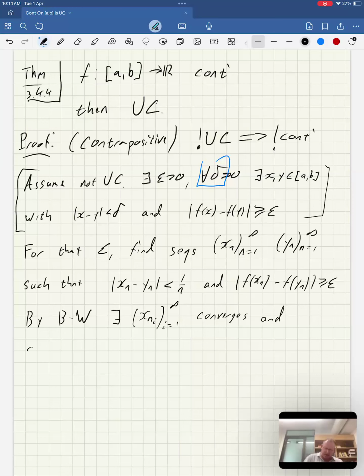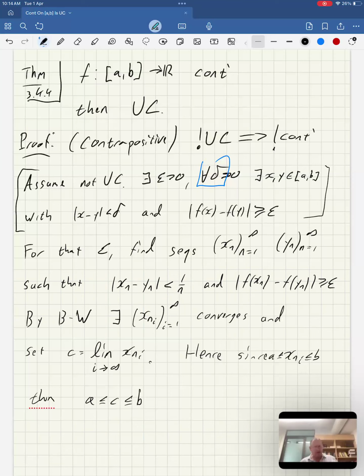And set c as the limit as i goes to infinity of that subsequence. Hence, since x_{n_i} is between a and b, then c is also between a and b.